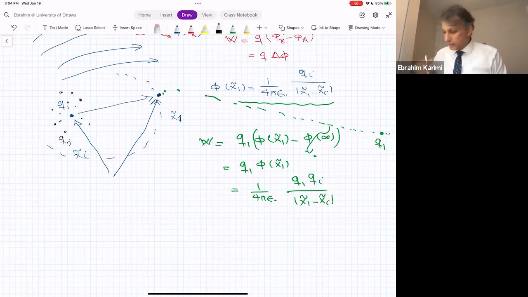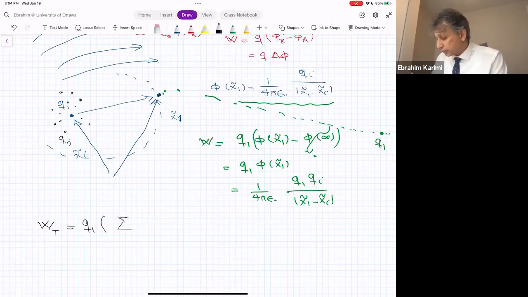Then when you bring it in, since the potential is scalar and the field is linear, the total force is given by Q1 times the potential due to all of the charge distribution here.